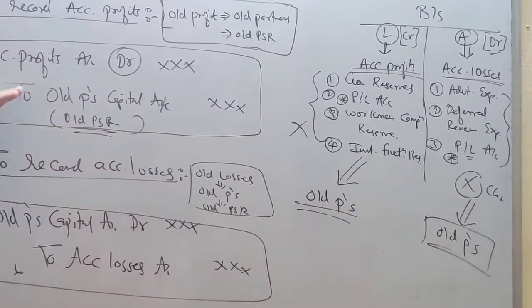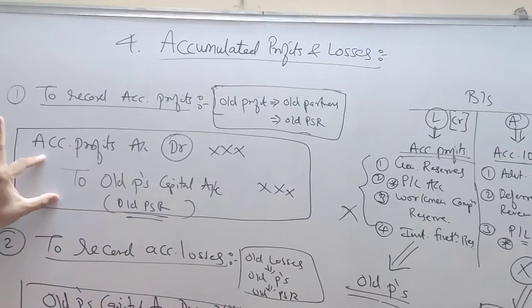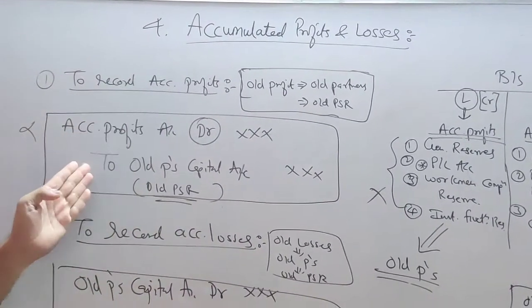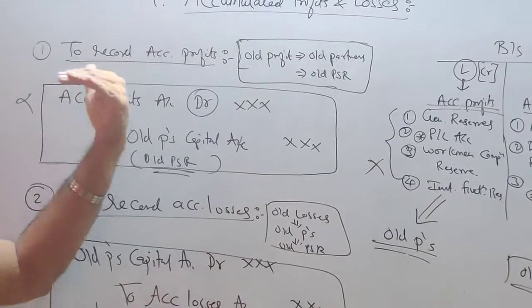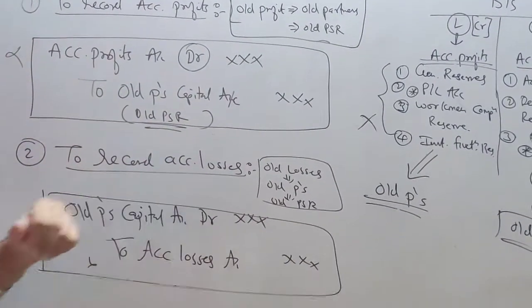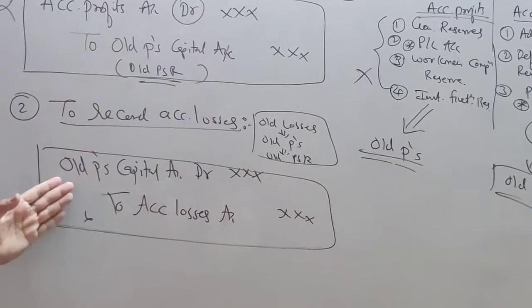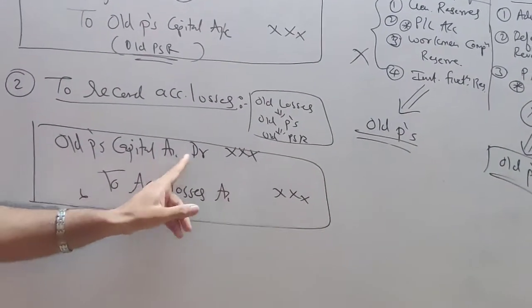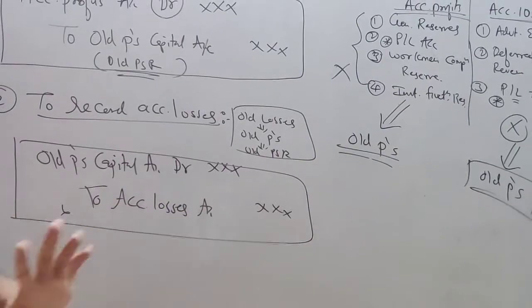This is just for your understanding that your entry for accumulated profit will always be this: accumulated profit is always debited to old partners' capital account, and to record accumulated losses, this will be your entry: old partners' capital account debit to accumulated losses account.